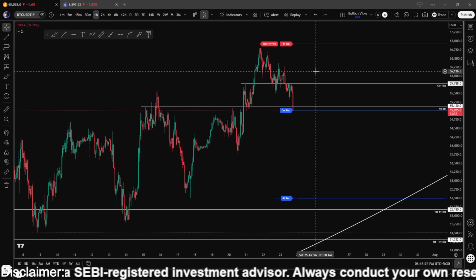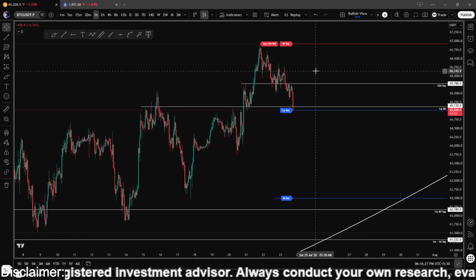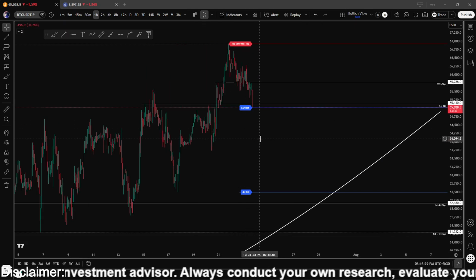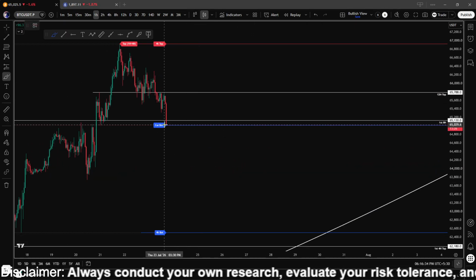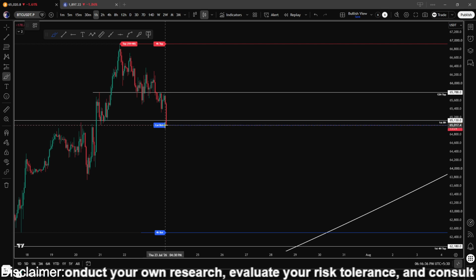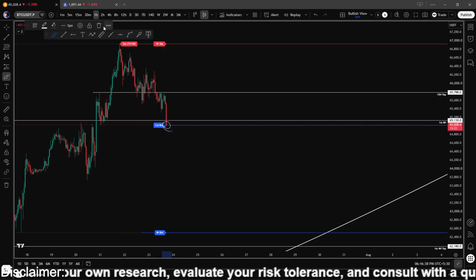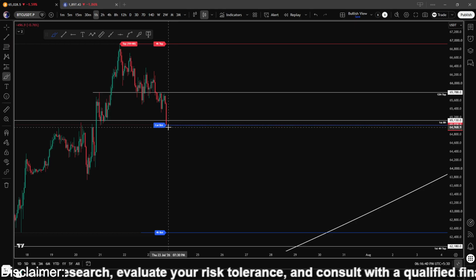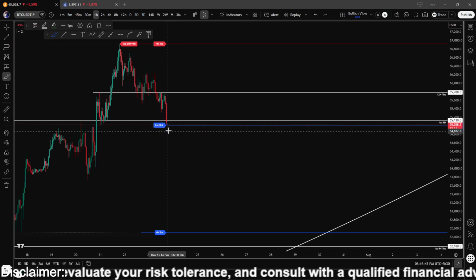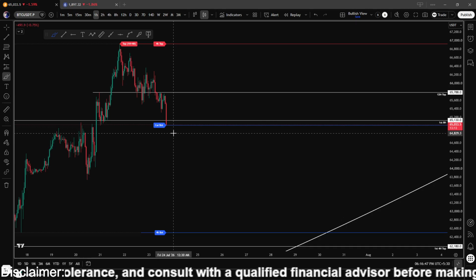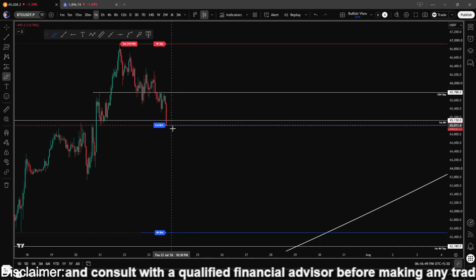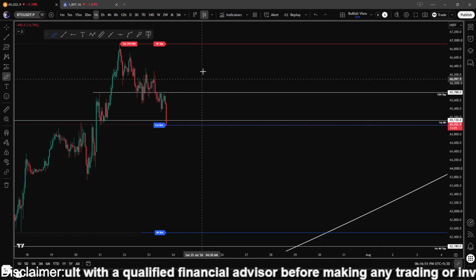Now let me cover one part. Since the price of BTC is currently trading in the current bottom, this current bottom of the 1 hour time frame, it is still breaking this bottom, and it can keep on breaking and dropping until there is enough pressure for the upside.